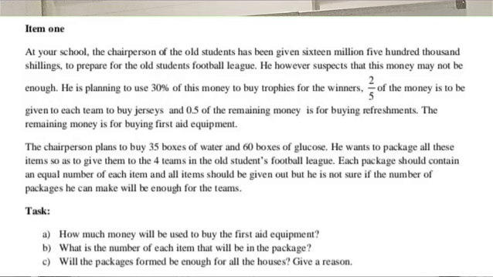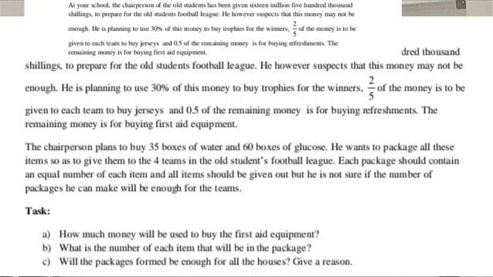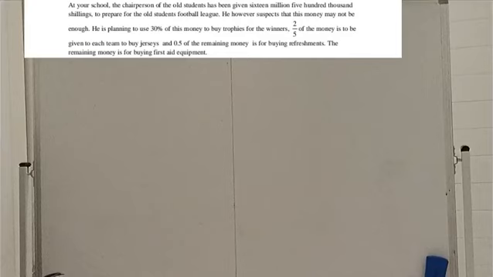I'm going to first deal with this first portion to respond to task A. Because in our task A, they are saying, how much money will be used to buy the first aid? Now let us start solving this problem.